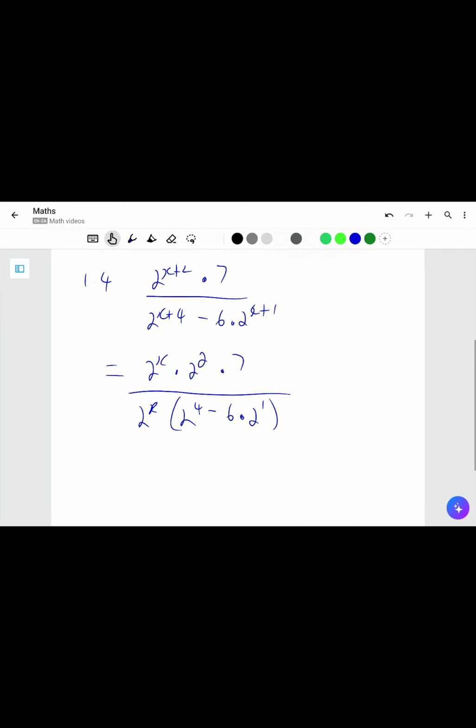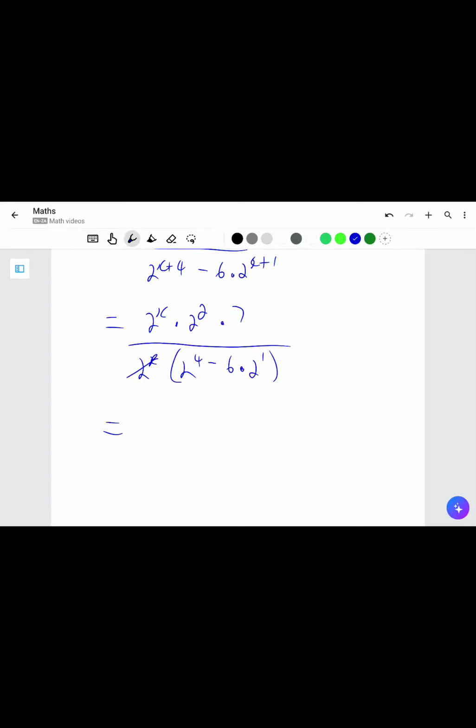Okay, so what am I left with here? We know these are going to cancel. Then 2 squared is going to give me 4, and 4 times 7 will give you 28, over, at the bottom you have 2 to the power of 4, which you know is 16, minus 6 times 2, which is 12, and 16 minus 12 is going to give you 4.